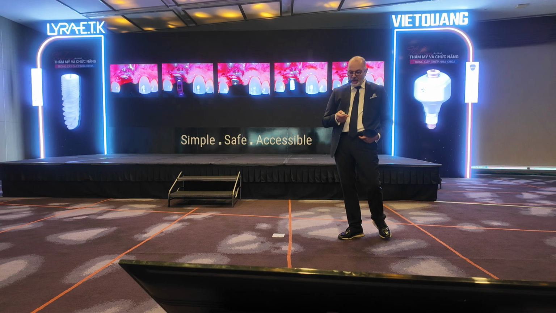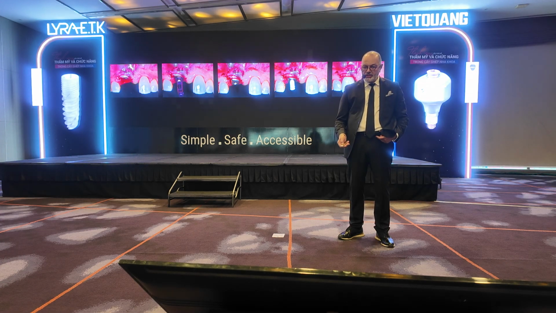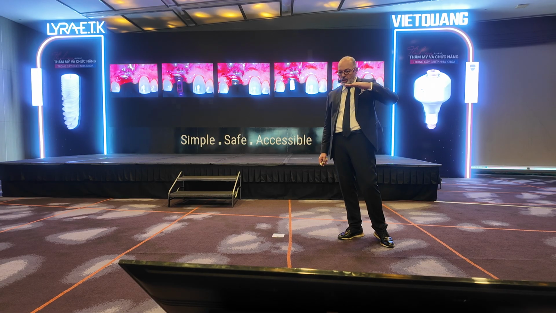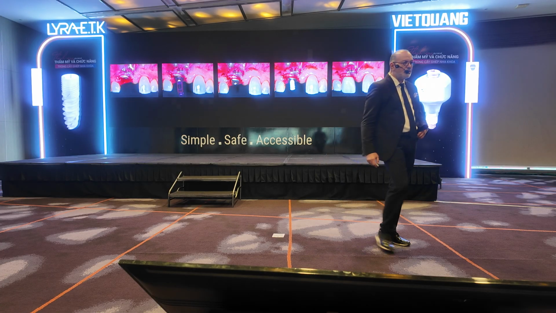You have to see that there is no conflict between my provisional crown and my very, very sensitive tissue here, the graft, because I'm on the top of the graft. I do not touch the graft with my resin, my provisional, and I do not use any cement.